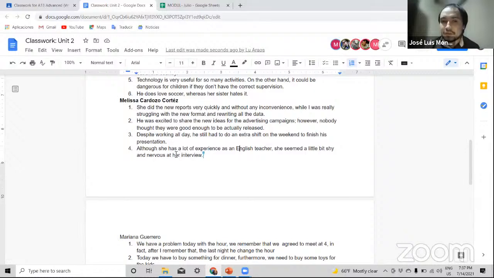So it's possible to use this. Some people are going to say what you want, right? In her interview, which is also going to be okay, but it's going to be implicit that it happened in the process of having that interview. But it's also correct. So it's only the emphasis, Melissa.